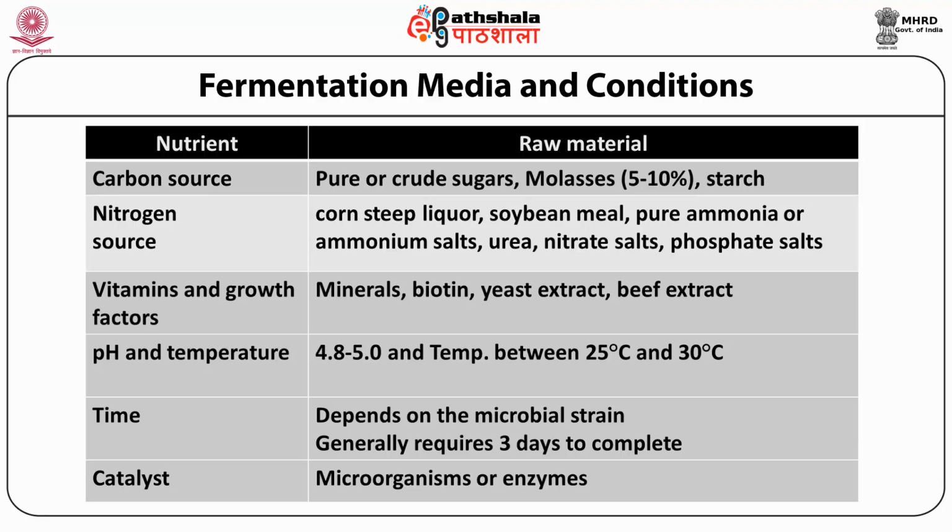Generally, the fermentation requires 3 days to complete the process. Catalyst: for these fermentation reactions, the catalyst would be either whole microorganisms or purified enzymes that will convert the simple sugars into ethyl alcohol.